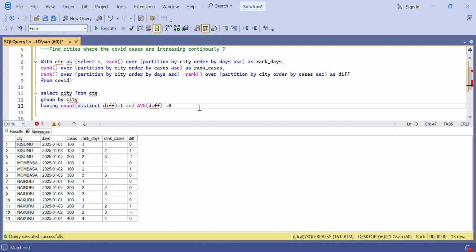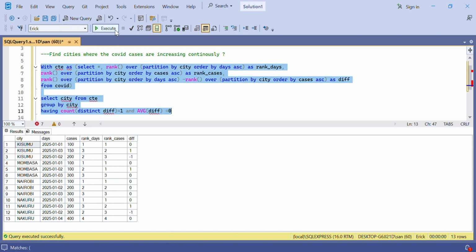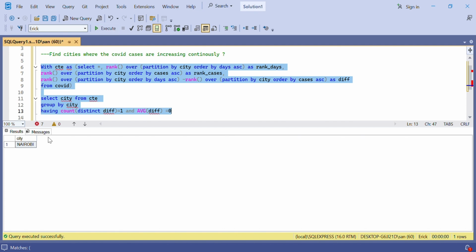Let's run this to see if it really gives us the answer. If you run this, we remain only with Nairobi.